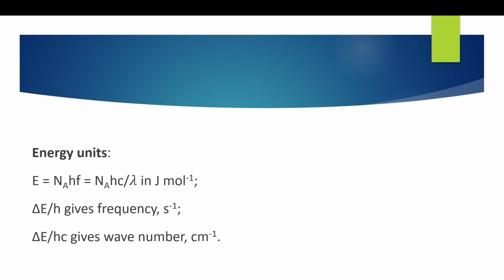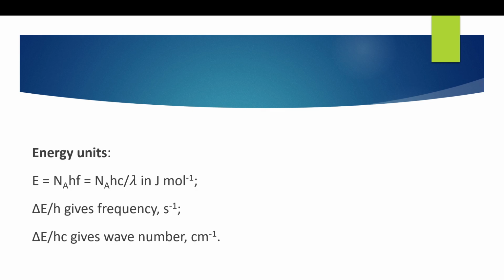You divide delta E by hc, you get wave number in reciprocal centimeter. So various units are used, and students should remember the significance of using various units because different techniques use different units.